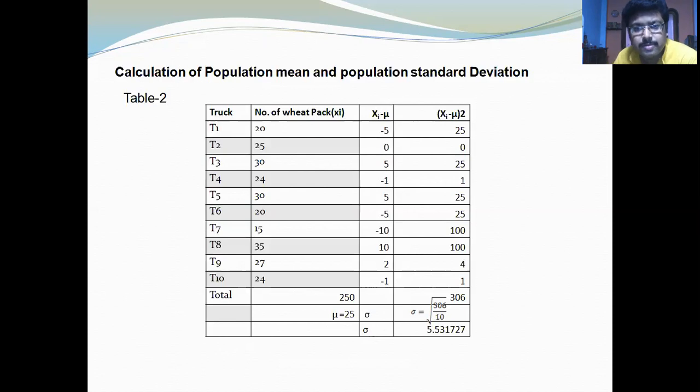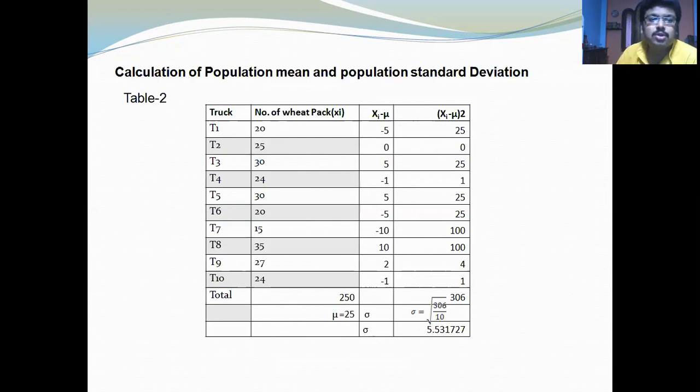The third column represents the difference between the wheat packets per truck and the mean, mu, of the wheat packets in total 10 trucks. The fourth column represents the square of the difference between the wheat packets per truck and the mean, the average wheat packets per truck.